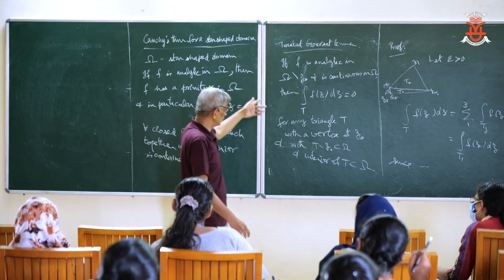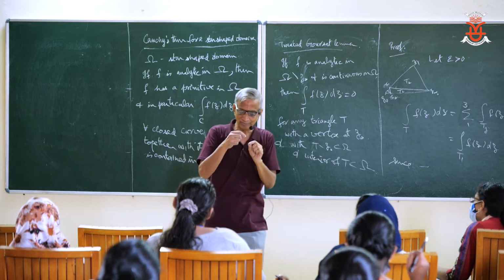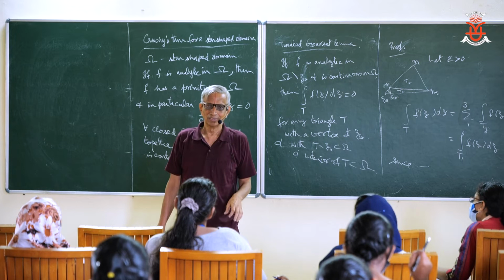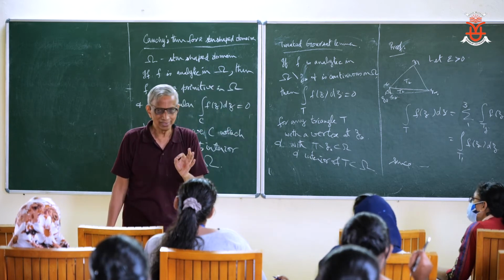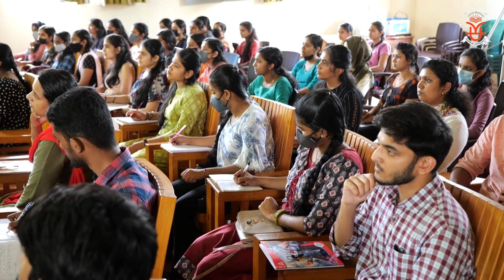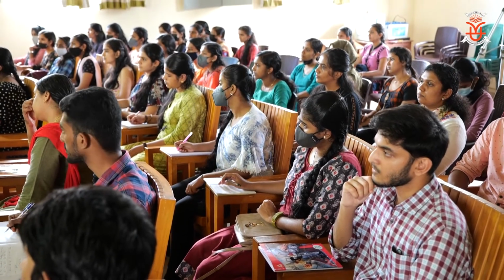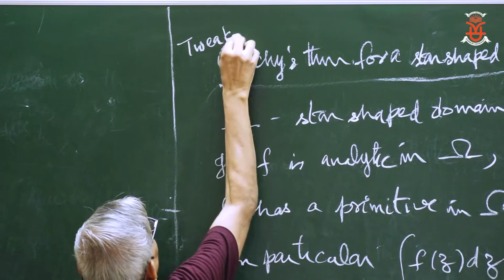So what did we use? We used a triangle with one of the vertices at Z0, right? Z0 A Z. So we can exclude Z0 from the domain of analyticity, right?